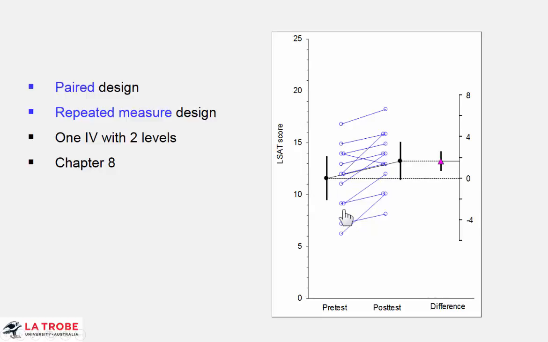And the repeated measure was signalled by these lines joining the points, and by convention the line joining the means of the 2 measures, the pre-test and post-test. And again we have the difference there, the mean of all the paired differences, or the difference between the pre-test mean and post-test mean. That's our effect size, and we put a confidence interval on that.